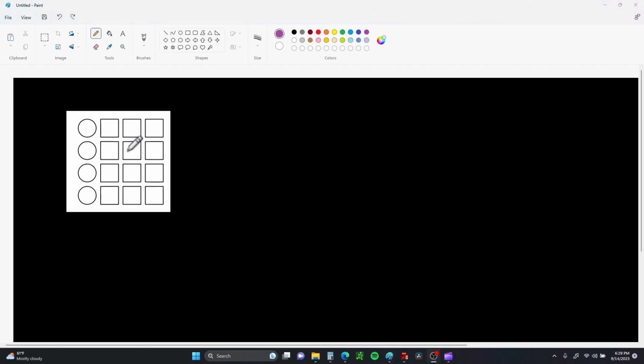So we have a representation here with circles and squares, and I'm just going to write general ratios using different aspects of this picture. If it was circles to squares, then this would be 4, and there's 12 squares.